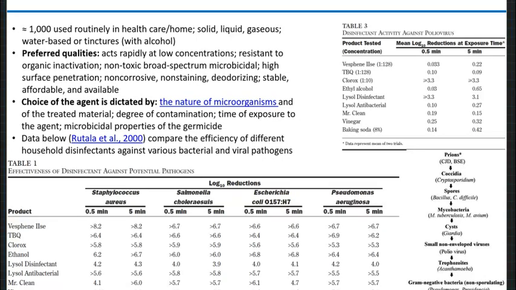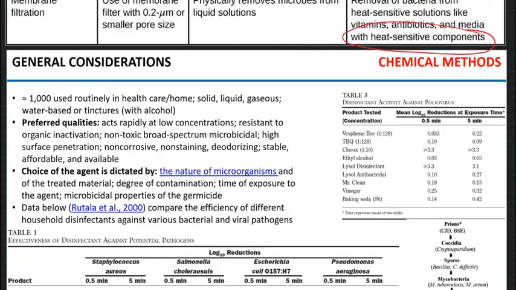Now, chemical methods of control. This is going to be more relevant for you because we're going to talk about the stuff that we all use at home. So in general, what do you want?